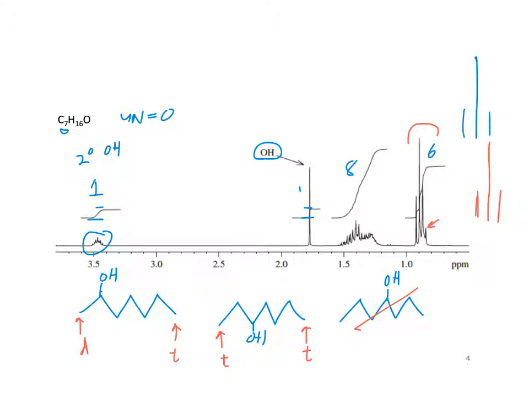So that would give us 1, 2, 3, 4 peaks. How many do we see? 4. 1, 2, 3, 4. But this side over here should be about the same size as this, that's what I was wondering.